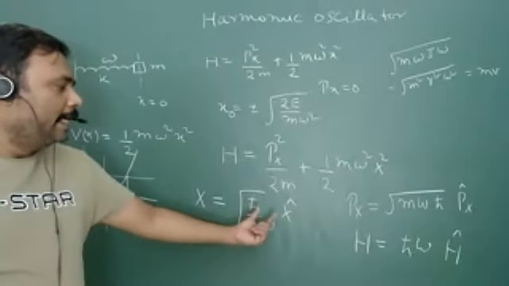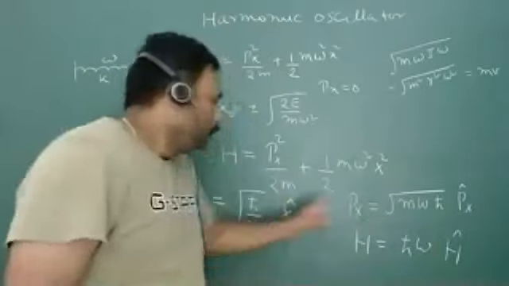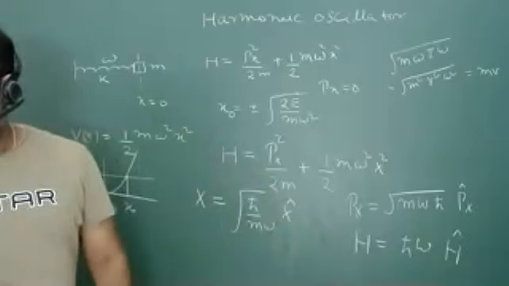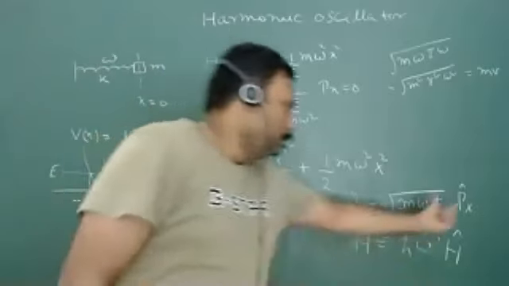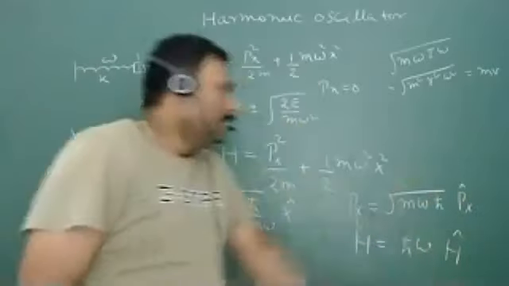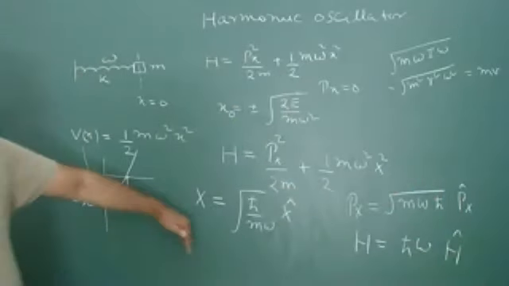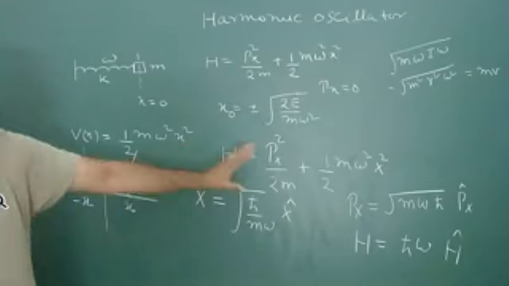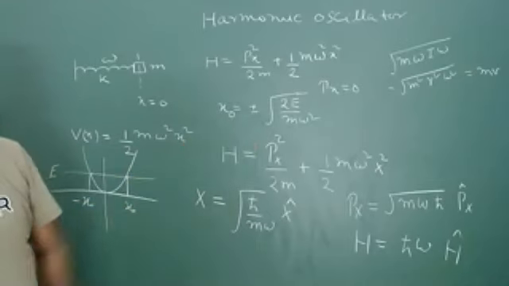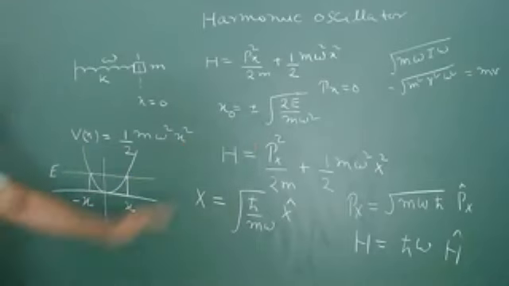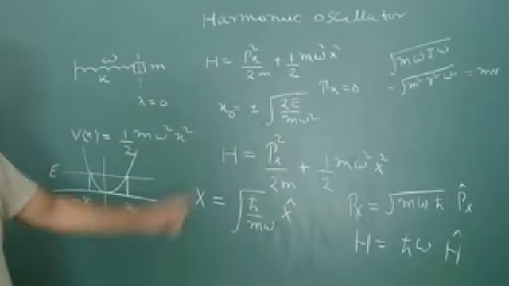So we have arranged three new operators which are dimensionless. X cap is dimensionless, px cap is dimensionless, h cap is dimensionless. So what will we do? We will replace all this here and figure out the outcome.